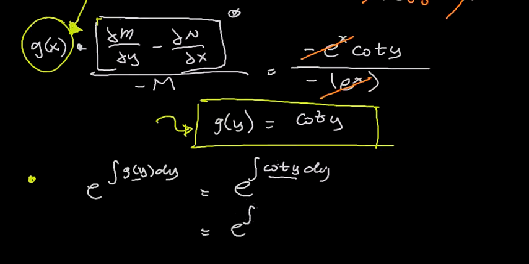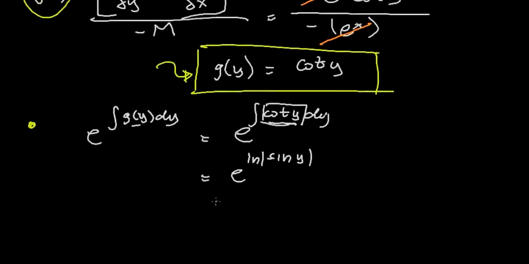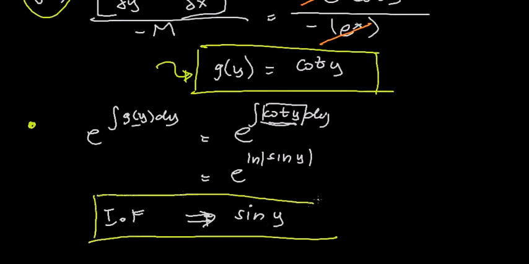The integral of cotangent y is ln sine y, right? Therefore, e raised to ln sine y gives us sine y, and thus our integrating factor is equal to sine y.